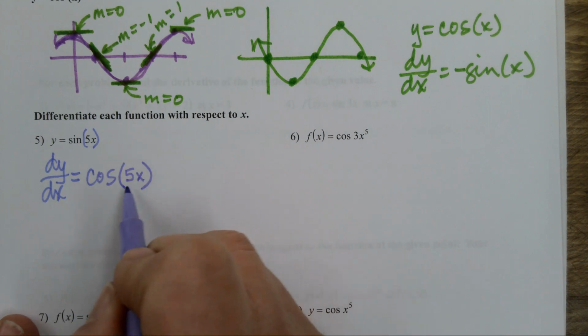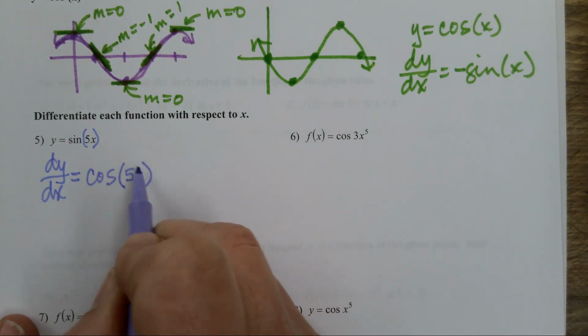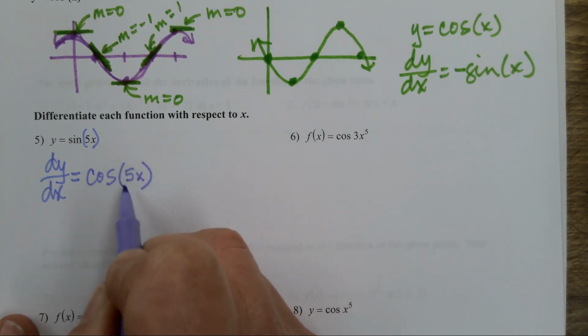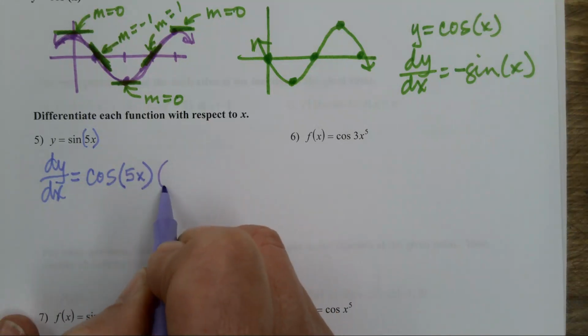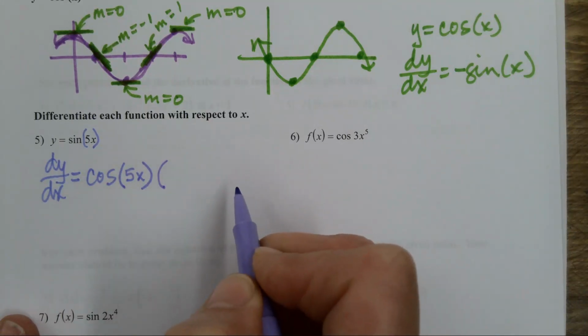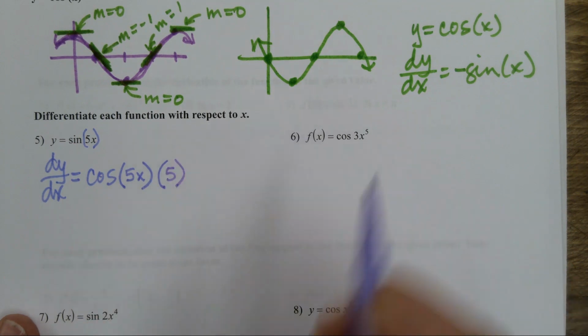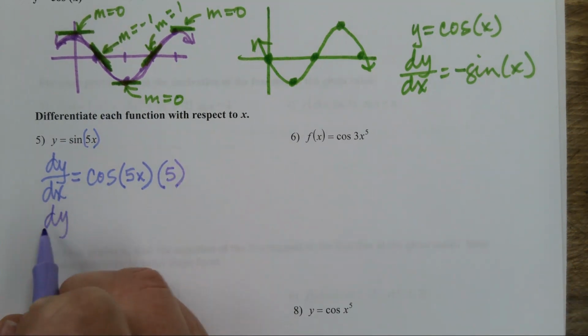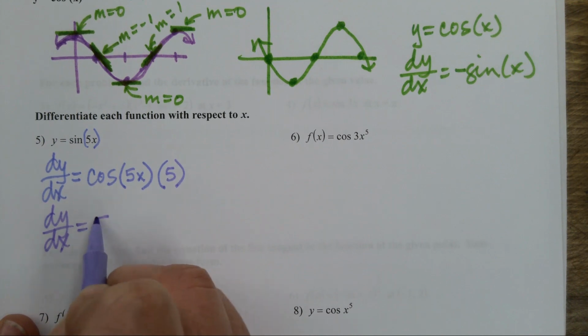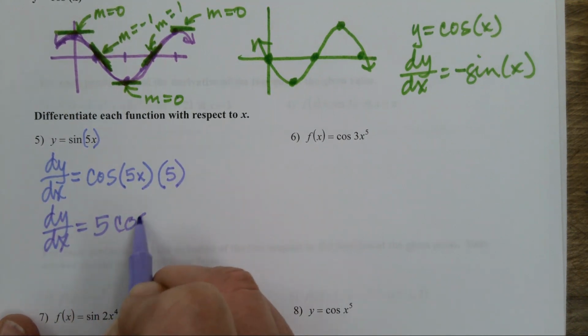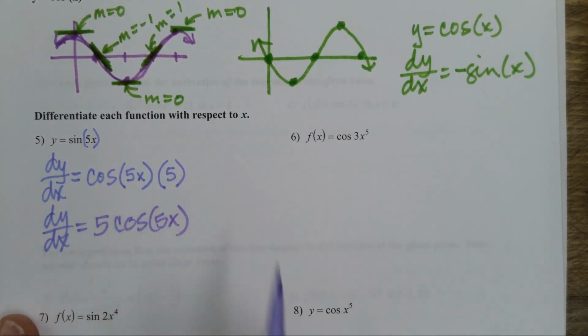But I have to address that inner value being something other than just x. So I'm going to multiply it by the derivative of 5x, which is 5.